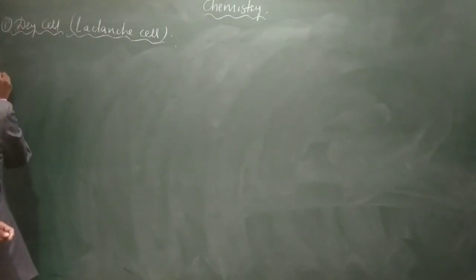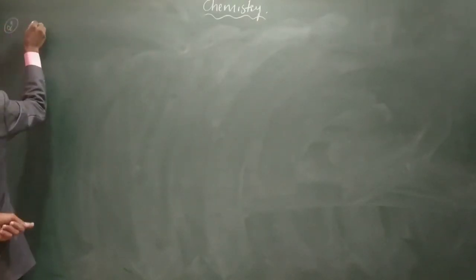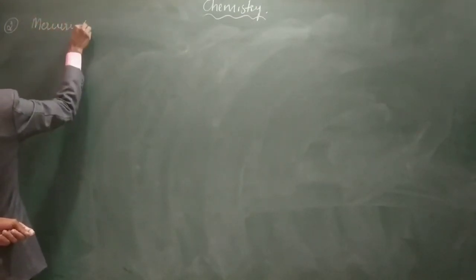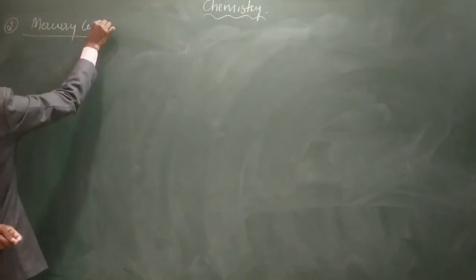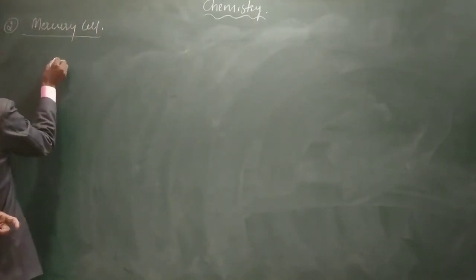First one was the dry cell, second one is the mercury cell.